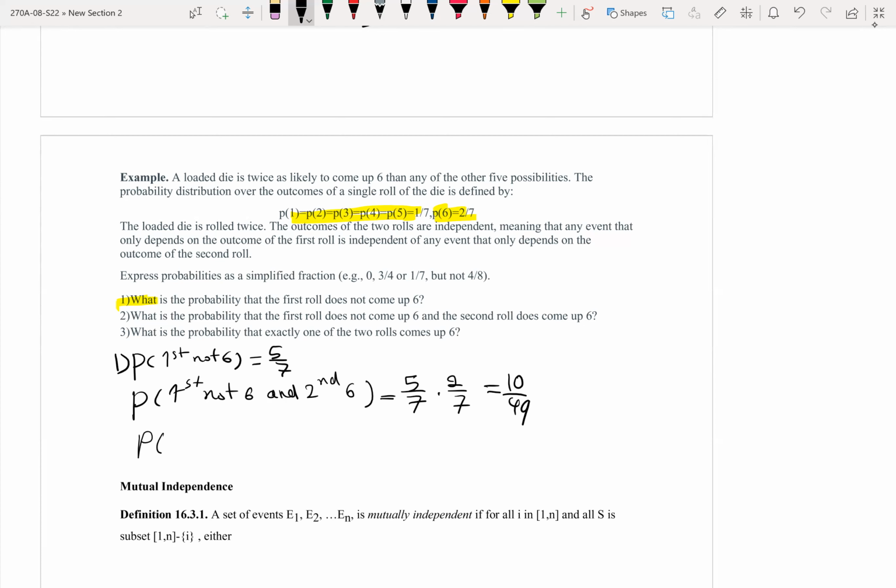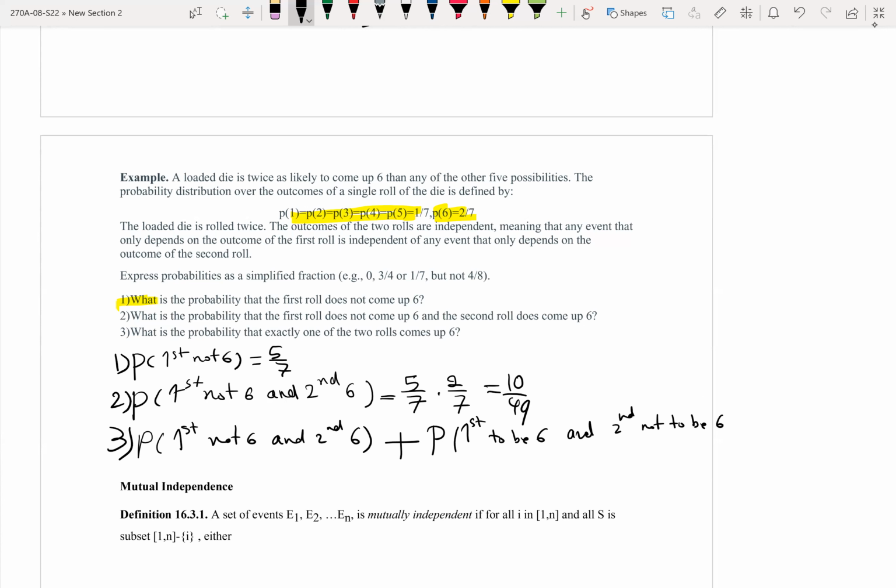So this is problem 1, and we did part 2, and now we're doing part 3. Exactly one being 6 means the first one not 6 and the second one 6, or the other way: the first one 6 and the second one not 6.